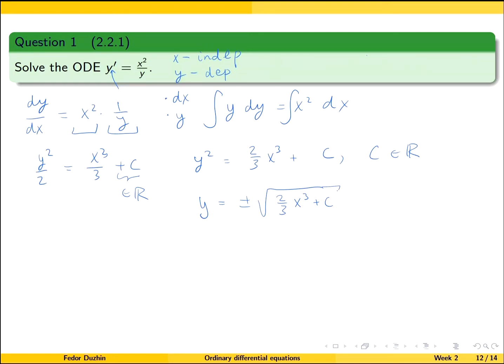Is it done? Not yet, because it is actually good to do this in the beginning, but I delayed it on purpose. The right hand side of our differential equation has division by y, right? And if y equals 0, then we couldn't divide by y.